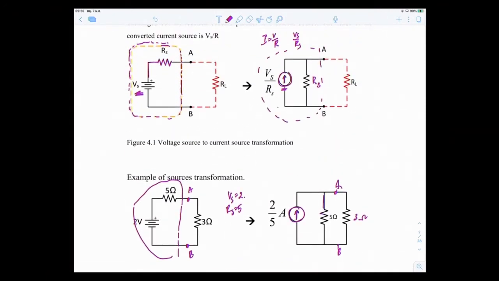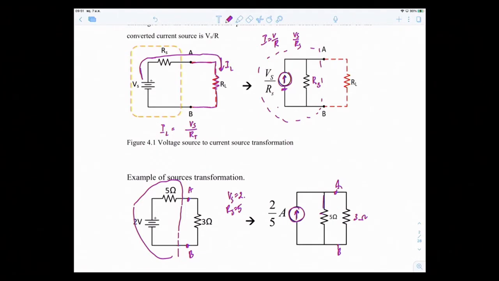To prove that you get the same answer when you change from voltage source to current source, let's say this picture is connected to a load RL, and I want to find the current IL that goes through RL. With the voltage source, IL is simply Vs over R total, because the current comes out from Vs, passes through Rs, and then goes through RL.